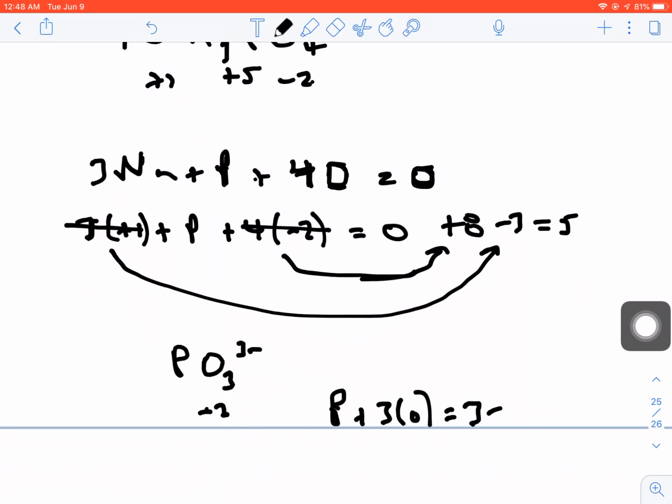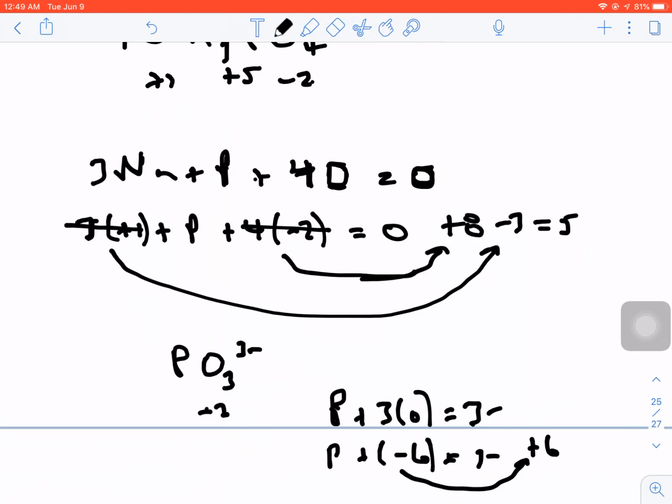So oxygen we know is -2, so phosphorus plus 3 times -2 is -6 equals 3 minus, or -3. I'm going to take my -6 across to the other side as plus 6.